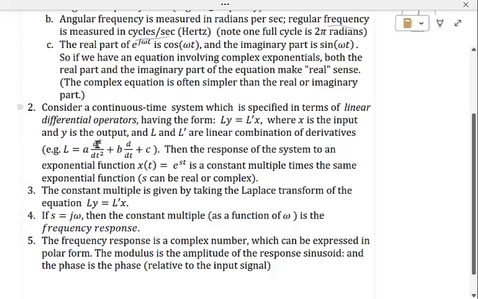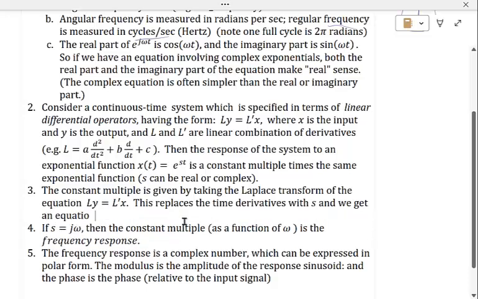This replaces each time derivative with an s, and we get an equation of the form: the Laplace transform of y is equal to some polynomial in s times x of s.